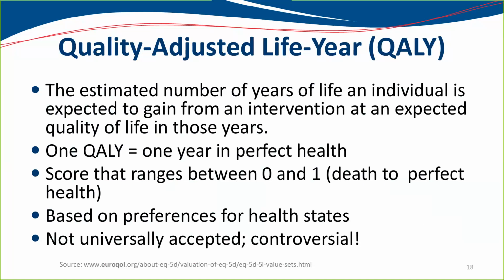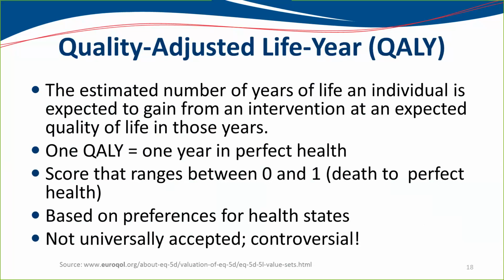I just want to make sure for the folks on the call that I've given you a little bit about the definition of a QALY. Essentially, it's a score that ranges between 0 and 1, where 0 would reflect being dead, and 1 being perfect health. And as I get older, I know I'm definitely moving further away from that 1 of perfect health. But that's in a nutshell.